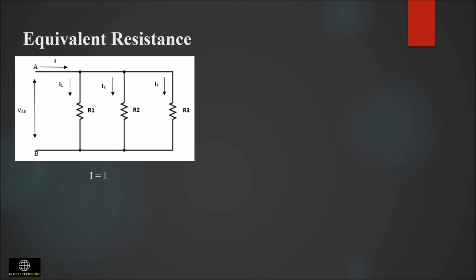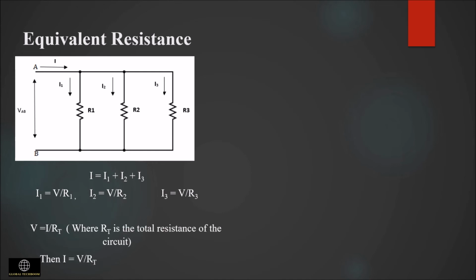So I is equal to I1 plus I2 plus I3. And using Ohm's law, we can substitute I as V by R. So I1 is equal to V by R1, I2 is equal to V by R2, and I3 is equal to V by R3. If RT is the total resistance of the circuit, then I is equal to V by RT.